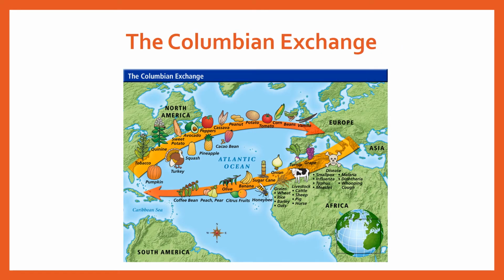Okay, this is basically, again, you're going to see all the things that came from the New World that improved the life of Europeans, longer life expectancy, and then, of course, coming the other way, things like domesticated cattle and honeybees, coffee.